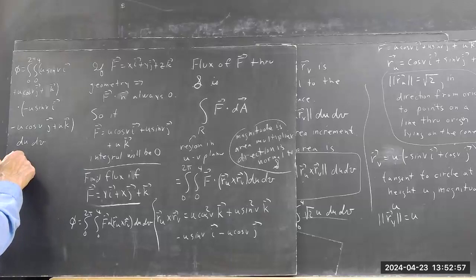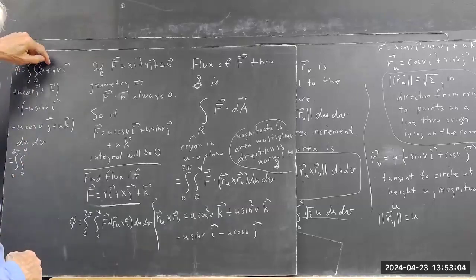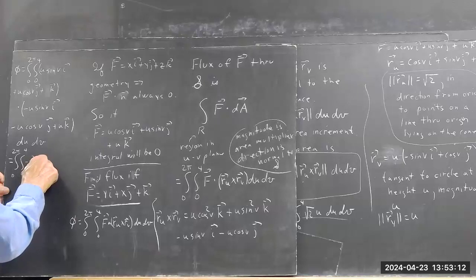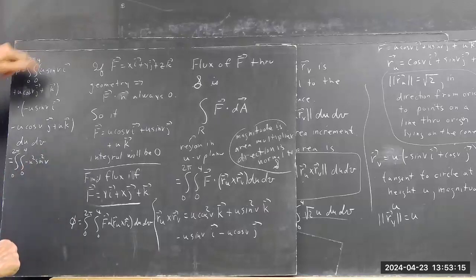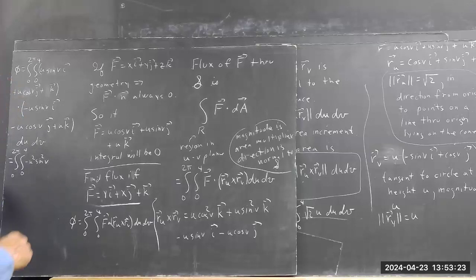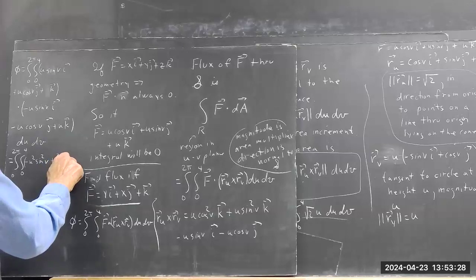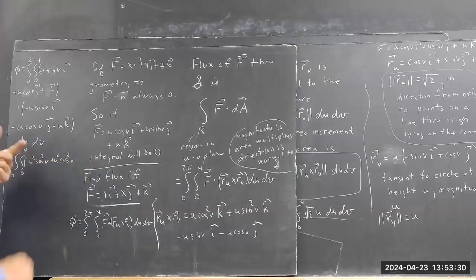Okay, well. Okay, we're dotting this, so it's u sine v dot negative u sine v. So your I components are going to give you minus u squared sine squared v. Here, you're going to get u squared cosine squared v. And it's minus.